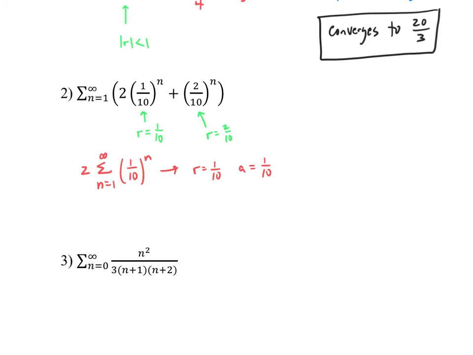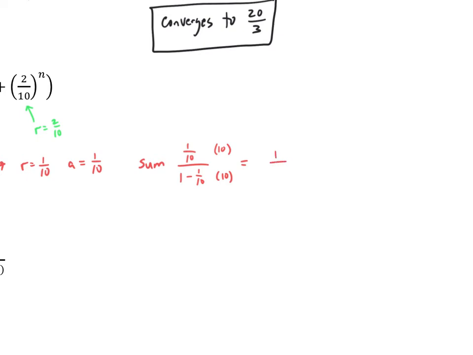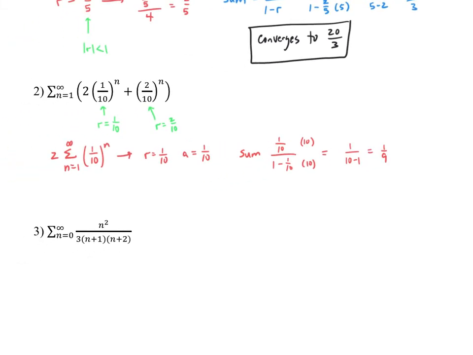Okay, so what I have is a sum of 1 over 10 divided by 1 minus 1 over 10, and we multiply to clear our fractions. And so we get 1 divided by 10 minus 1, which is, of course, 1/9. Now, I am going to multiply that by 2, because remember, I have this 2 that I moved to the outside of the series. So I'm going to apply that in the end.